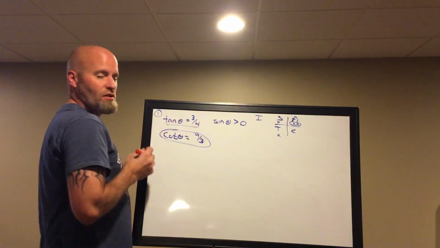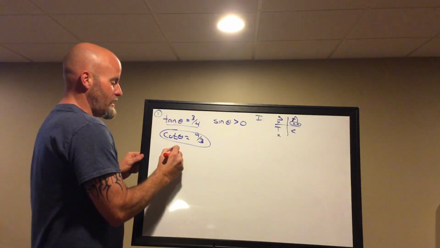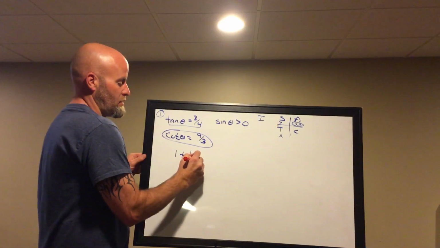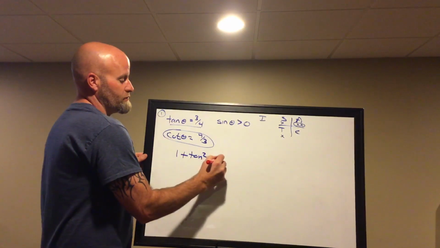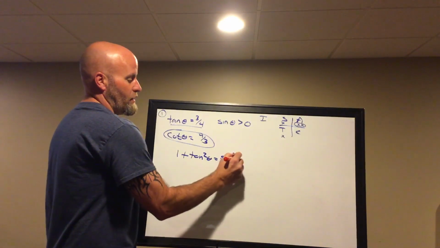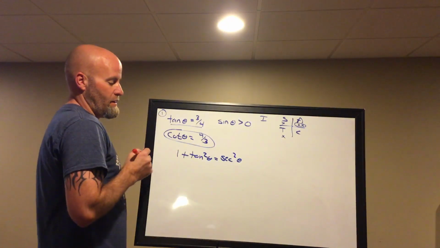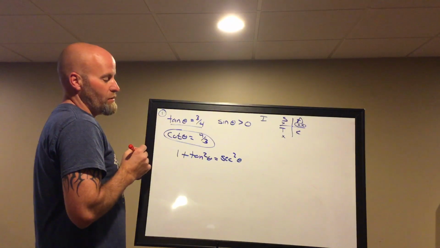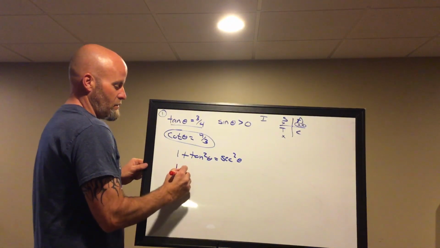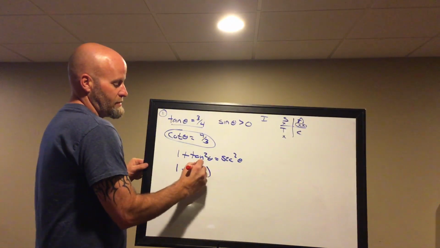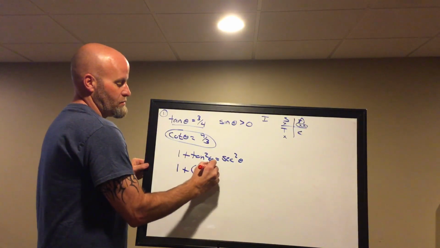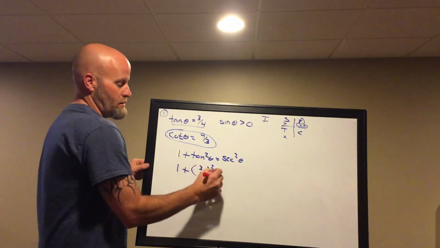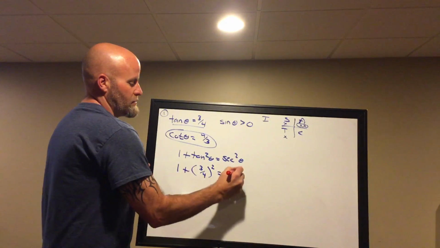I have a tangent already, so in my Pythagoreans I have 1 plus tan squared theta equals secant squared theta. I'm going to use that one and replace the tangent with 3/4. So I have 1 plus 3/4, that's still being squared, equals secant squared.